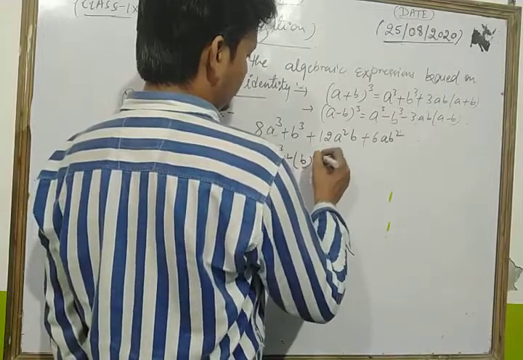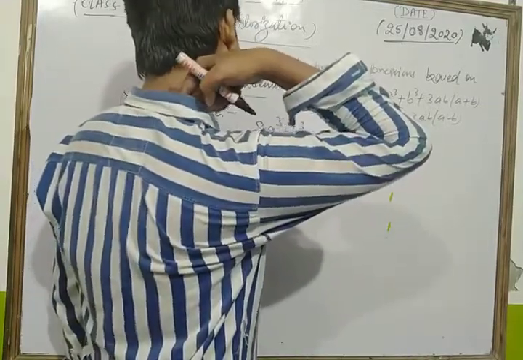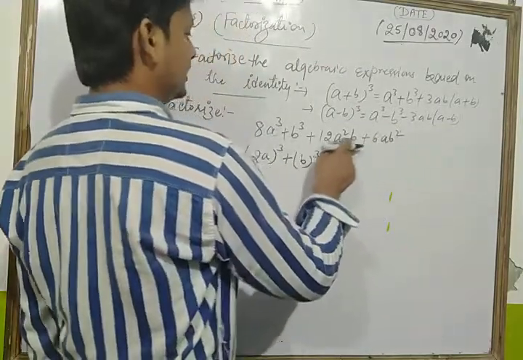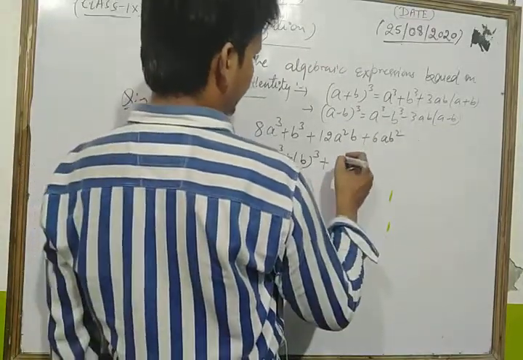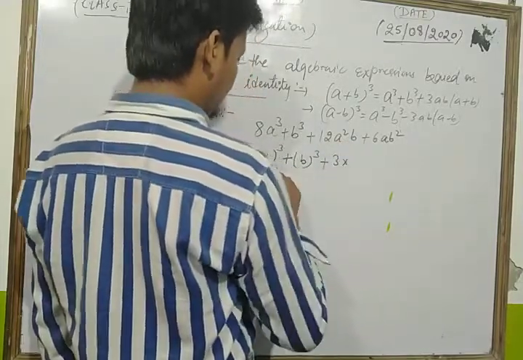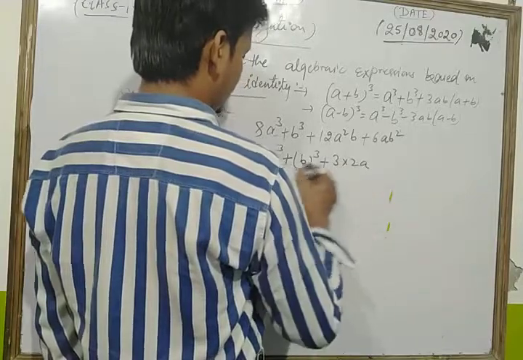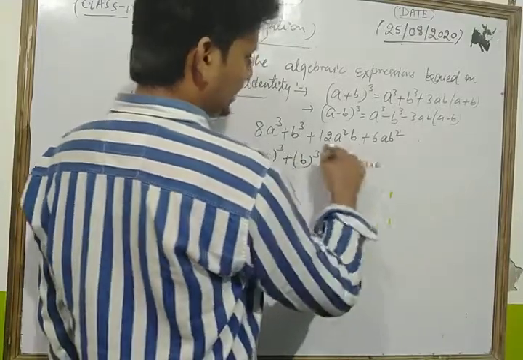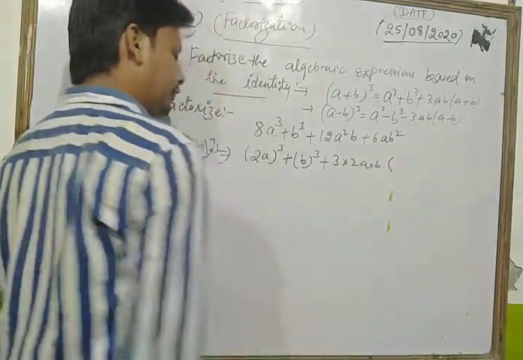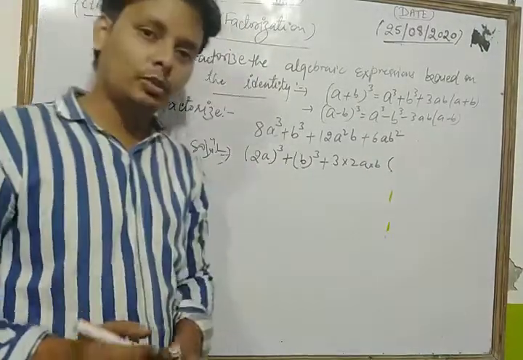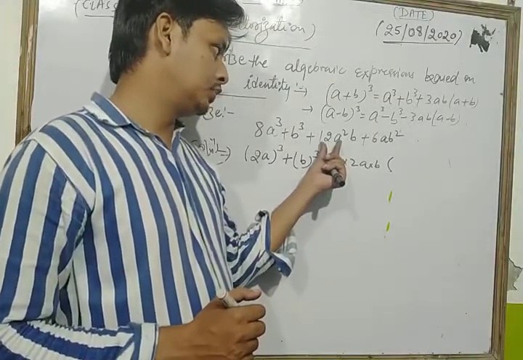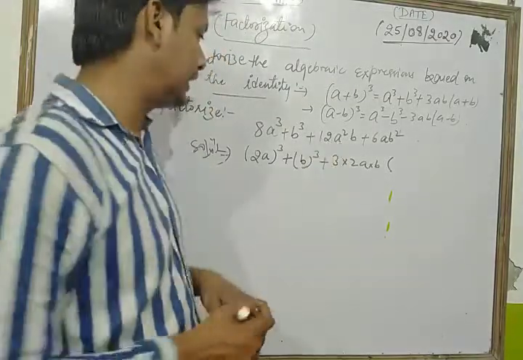Now we have the terms with 3ab, so here we take 6ab as common. In those two terms, 3 into 2a into b, we take 6ab as common. If we take 6ab as common, then what we get? We get 2a, with 6 into 2 the 12 and 1a is left.